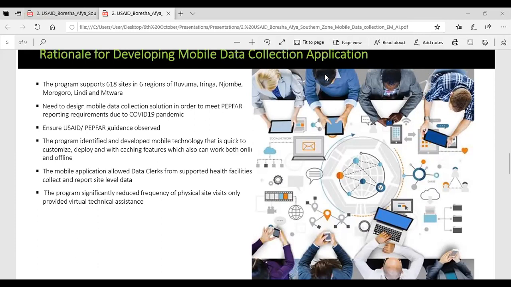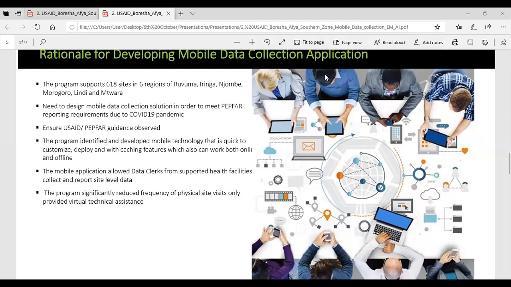We saw the need to have a mobile data collection solution in order to meet PEPFAR reporting requirements due to the COVID-19 pandemic. And also we wanted to ensure that PEPFAR guidance is observed, which is physical limiting on facility visits.